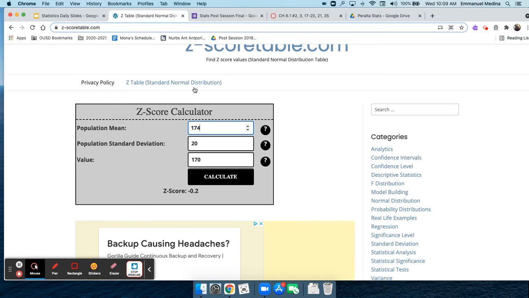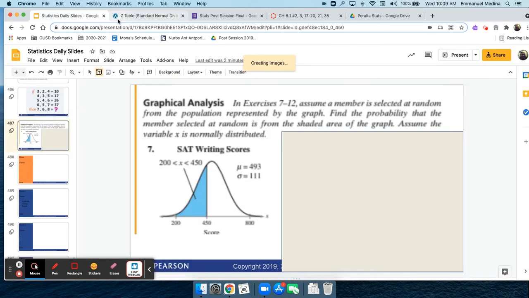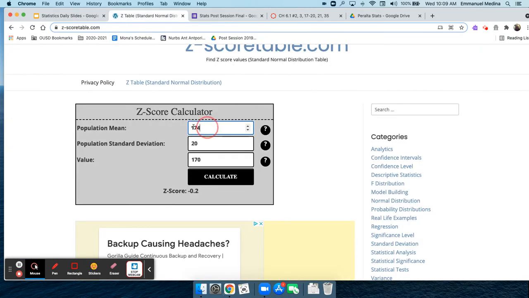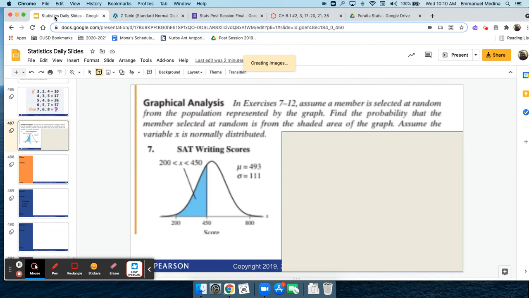Okay, so I'm actually going to use the z-score calculator. I could use the formula as well, but I'm being a little lazy. The mean is 493 and the deviation is 111, and we're looking at the values between 200 and 450.